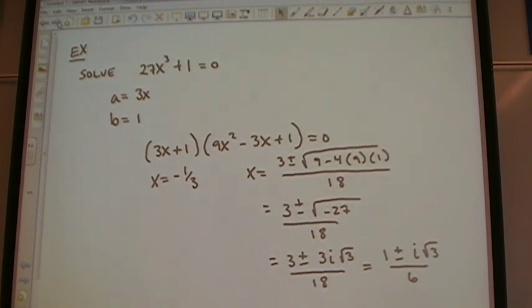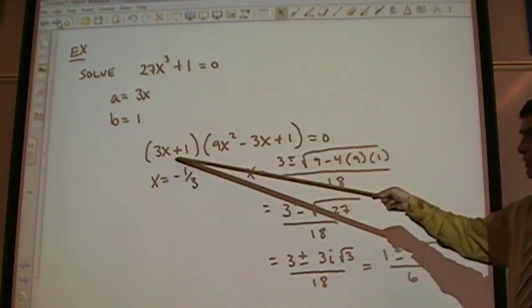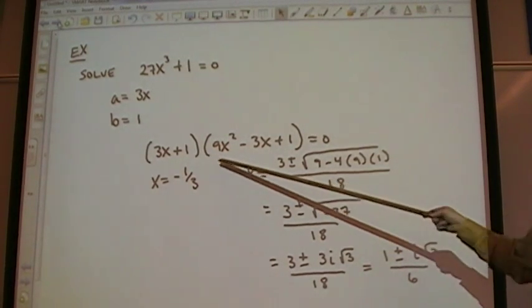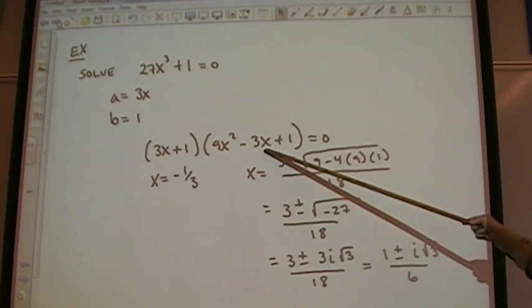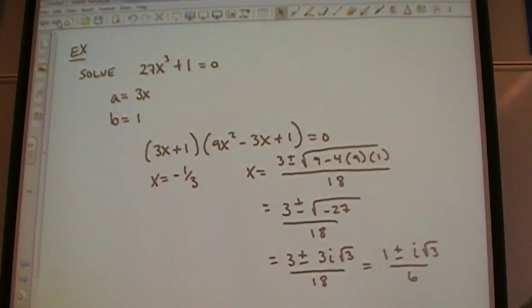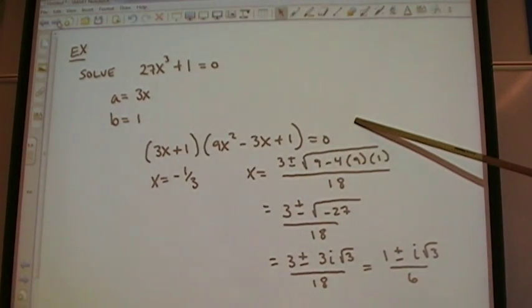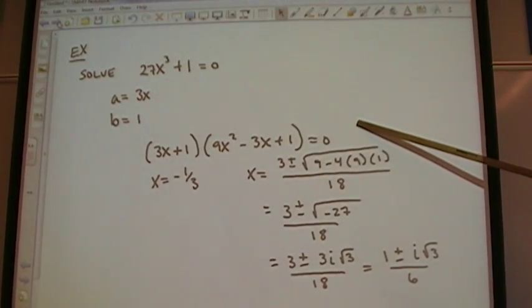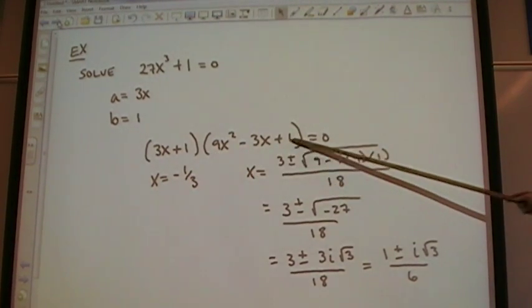Alright, so now when you plug this into the formula, you get a plus b is 3x plus 1. A squared is 9x squared. A times b is minus 3x. And b squared is plus 1. This goes back to the formulas we just did. Does everybody understand how I factored it? You just plug it in. Okay. And you can't factor this any further.